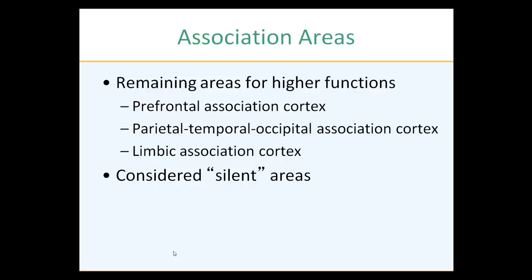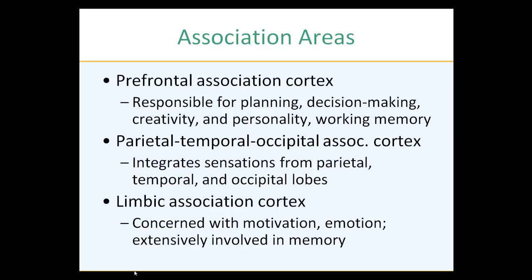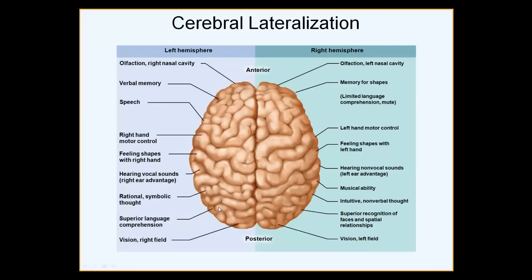So we never gave much of a thought to these association areas in the past, maybe 20-30 years ago, but now we realize how important and how interesting those association areas are, without going through too much detail.